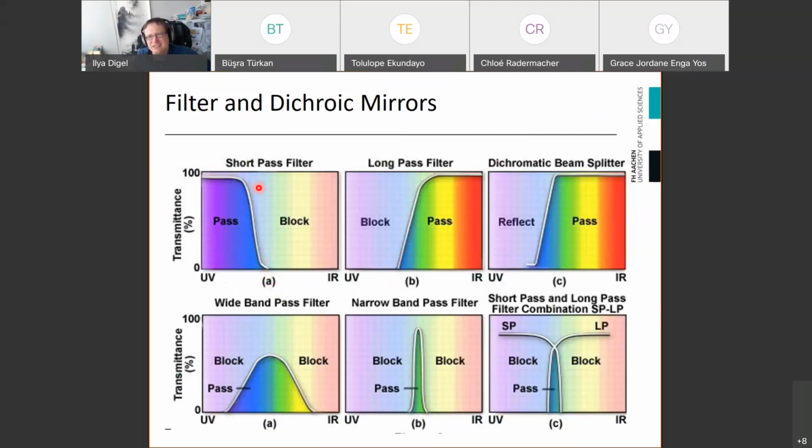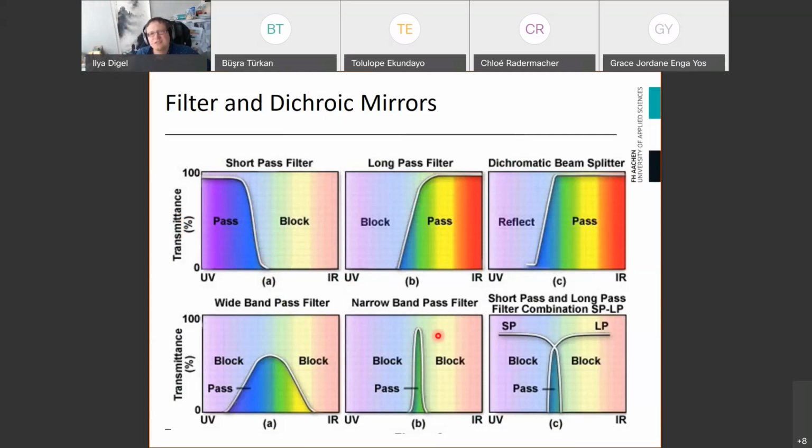It takes care that no long wavelength radiation reaches your sample, because you want to excite your sample. You want only short wave radiation to go through. So mostly then you use a short pass filter. The profile of its transmittance looks like this. Very interesting, a very strong cutoff boundary here.